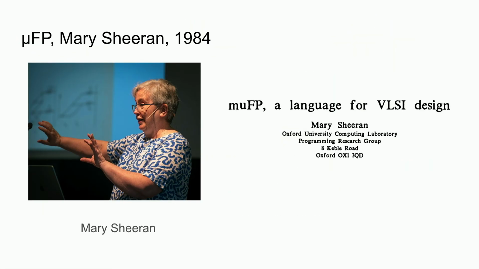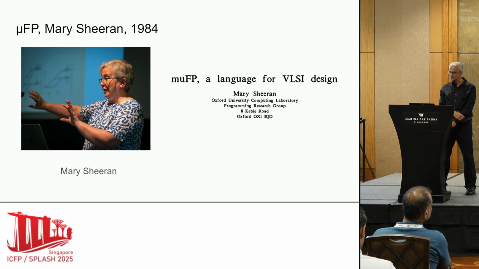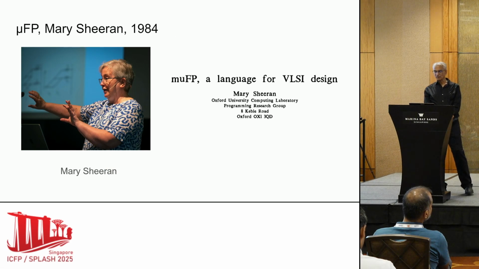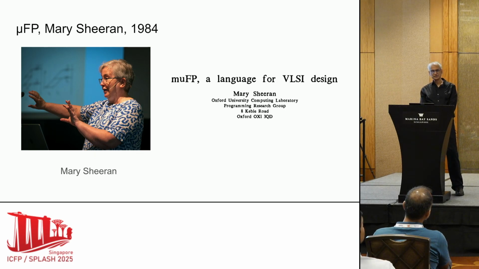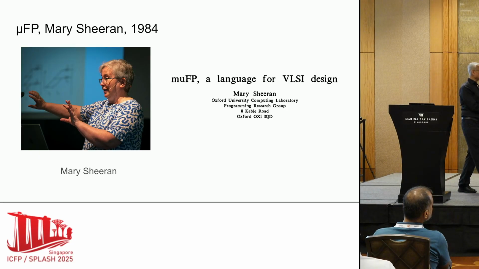So, a little bit of functional programming history. Around about 1984, after spending time with John Backus, the inventor of Fortran, Mary Sheeran was inspired by John's FP functional language. And what she did was to create a version of it for hardware design called muFP. So it's a long time ago.